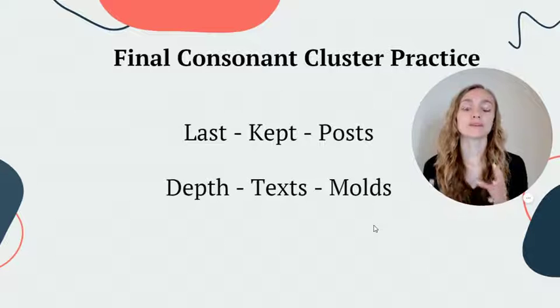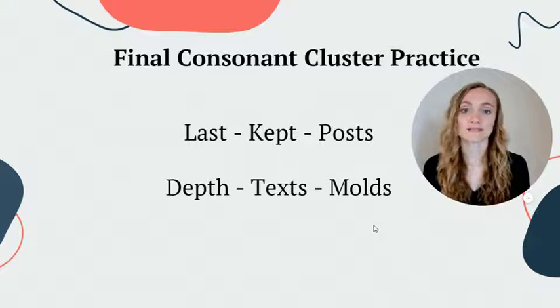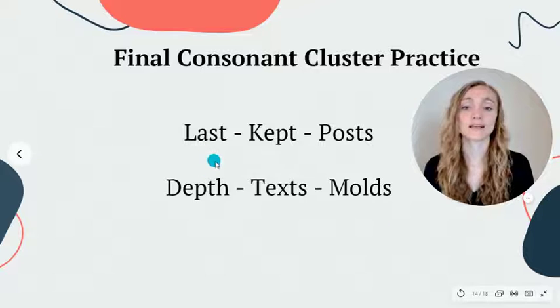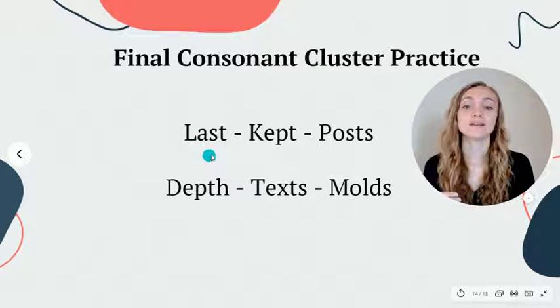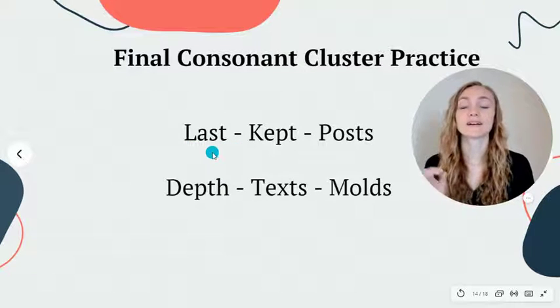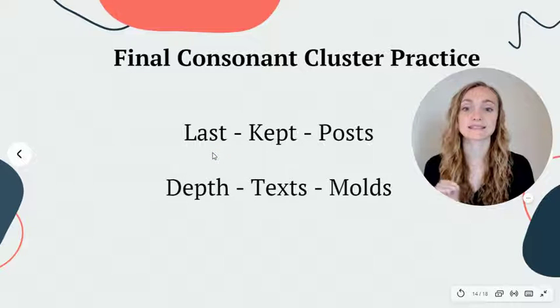So now when we have consonants at the end of words that are together, the same concept, like in words like last, kept, posts, depth, texts, and molds. All right, so we'll go one by one here with the word last, not last, but last, last, st, st, last.